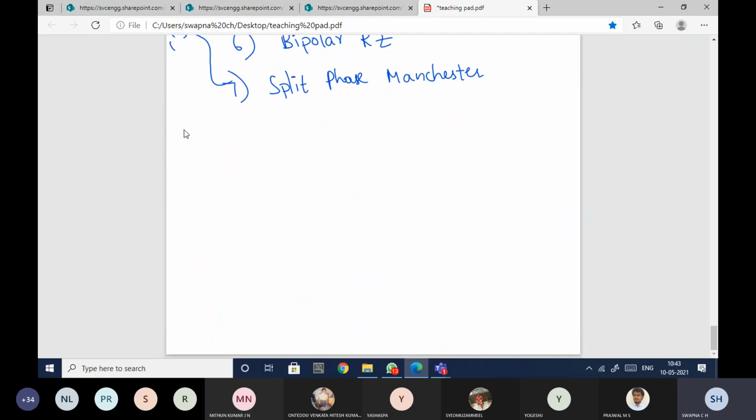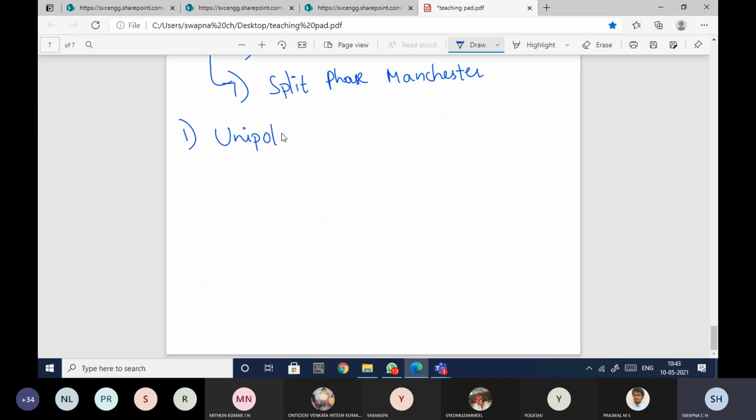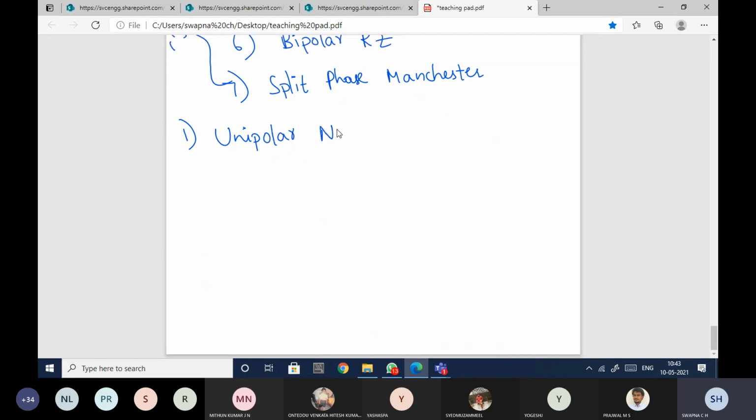The first one is unipolar NRZ, non-return to zero.